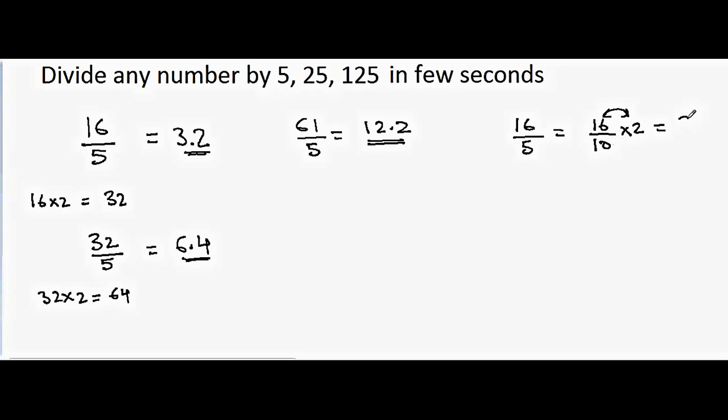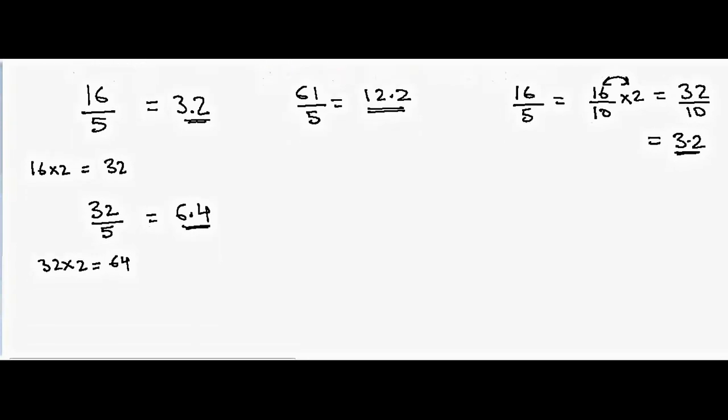So the answer is 32 divided by 10, that is equal to 3.2. As you can see, the explanation is very simple, but most of the time we don't remember this relationship, and that's why we go with a longer calculation by actually dividing by 5.